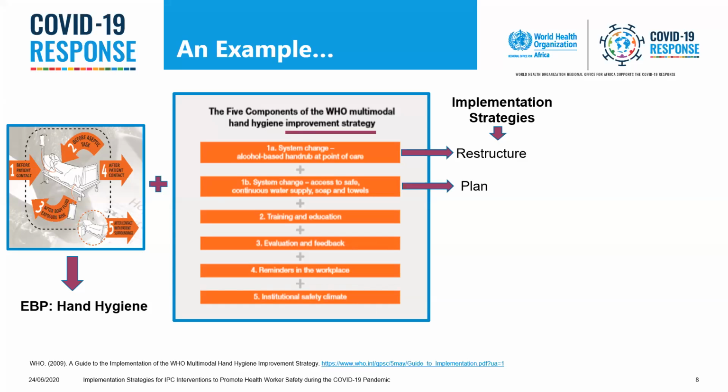That's a restructure policy, where we modify the physical environment to make implementing the EBP easier. We might also decide we need a planning strategy before we implement anything. So we want to assess, how safe is the environment to actually introduce something? How much modification are we going to need? Then, of course, we must have training, right? We have to have an educational component.